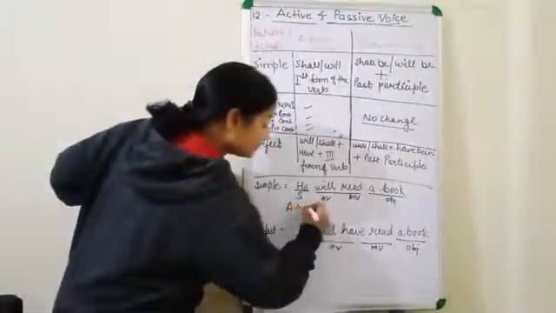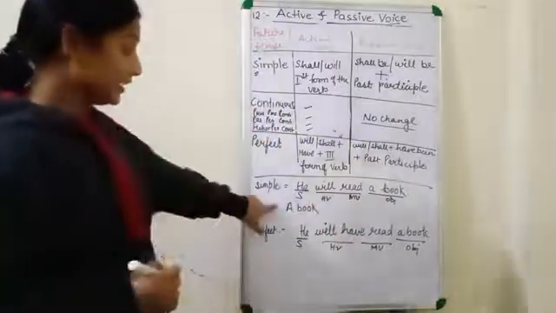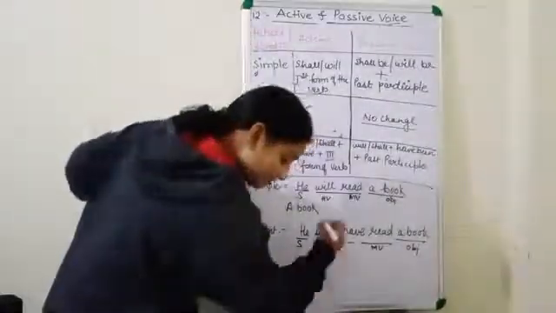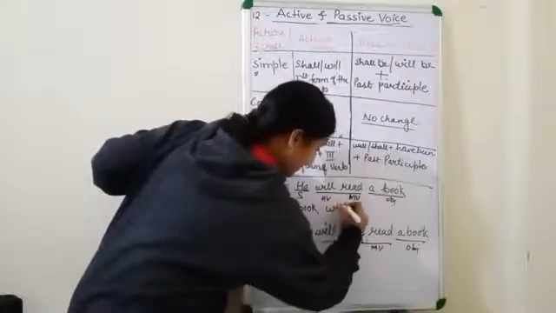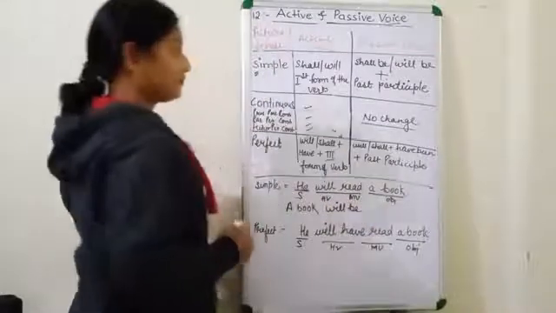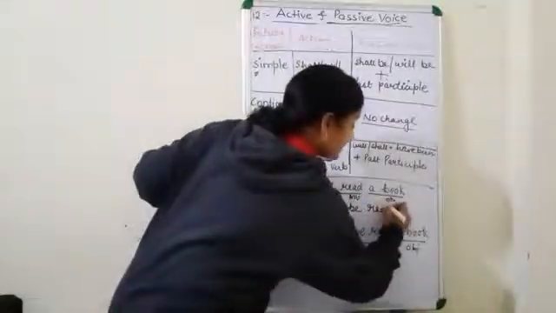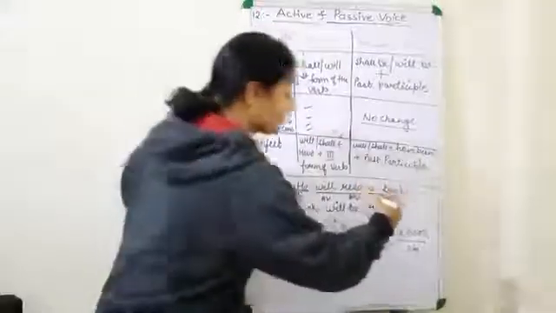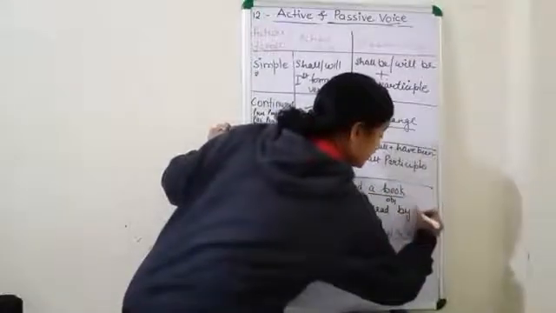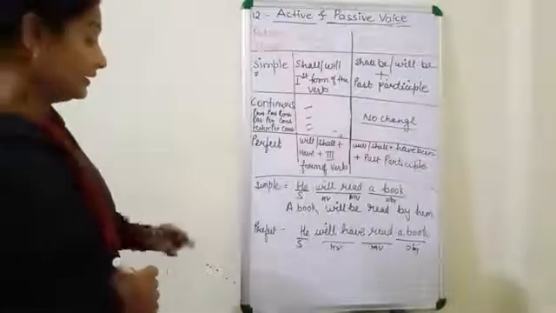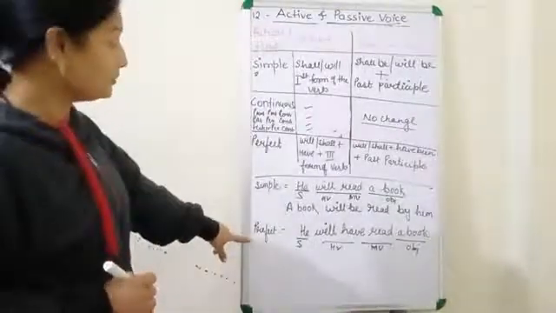A book. Will be or shall be. So will is given, what will we write? We will write will be, third form of the verb, read, and conversion of he into him along with the preposition by him. Understood?